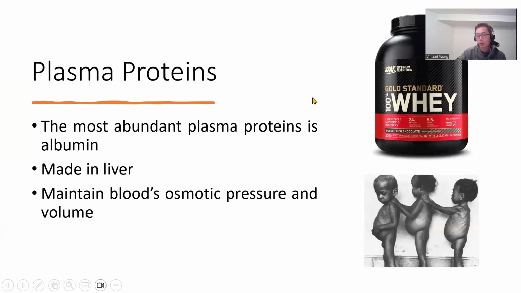Okay, so let's take a closer look at the plasma proteins. We'll be learning quite a number of plasma proteins as we move through the course. And here I'm just going to give you an overview of what they actually are.